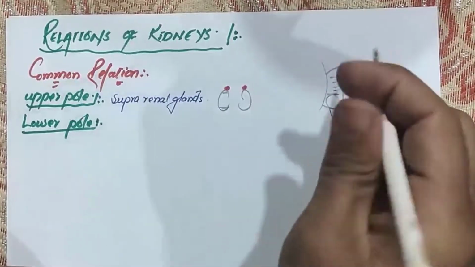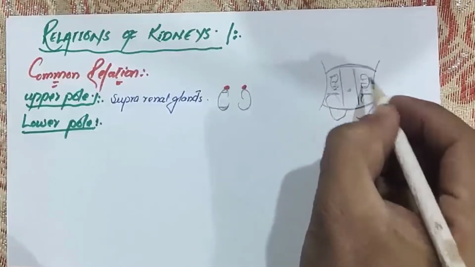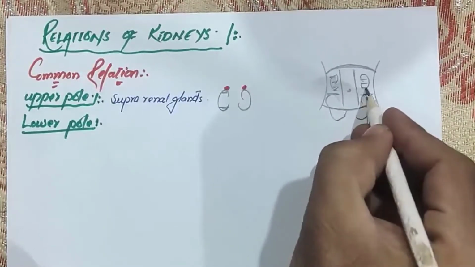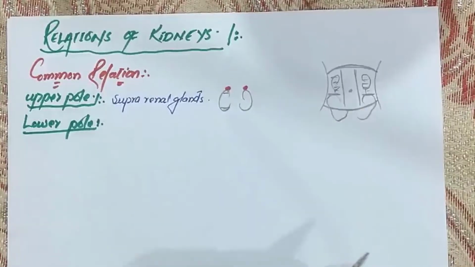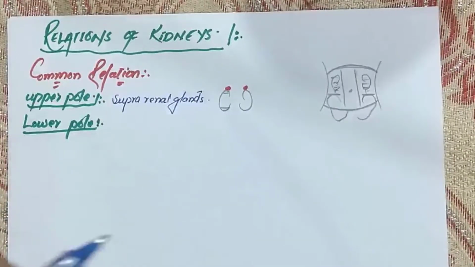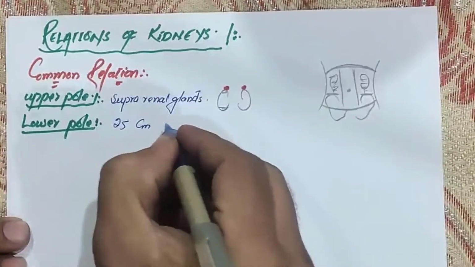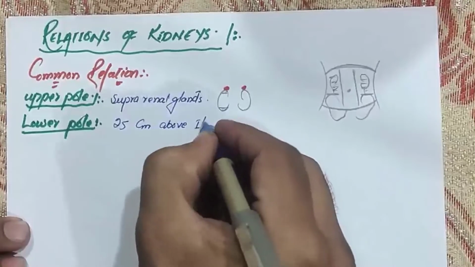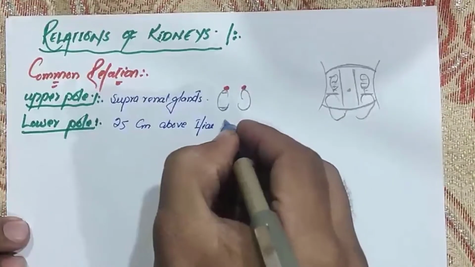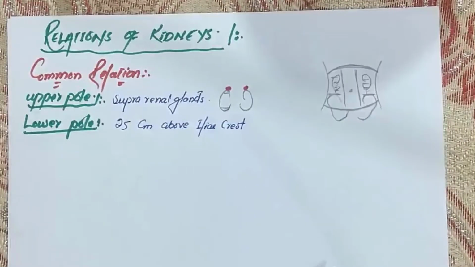Both kidneys are located 2.5 centimeter above the iliac crest. So from here up to the lower pole of the kidney the distance is 2.5 centimeter for both kidneys. So the lower pole of the kidney is 2.5 centimeter above the iliac crest.